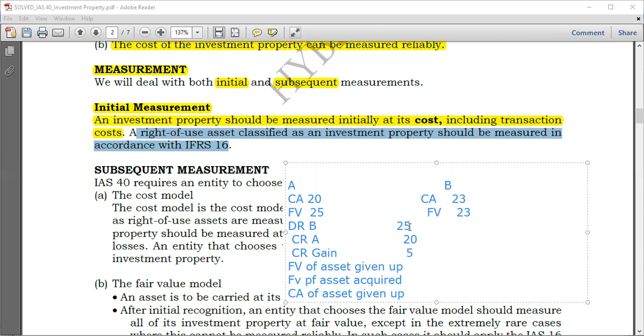I should say that I have a gain of 5, which goes to the statement of profit or loss, right? Yes, this one should go to the statement of profit or loss. So this is all about acquisition of the investment property.